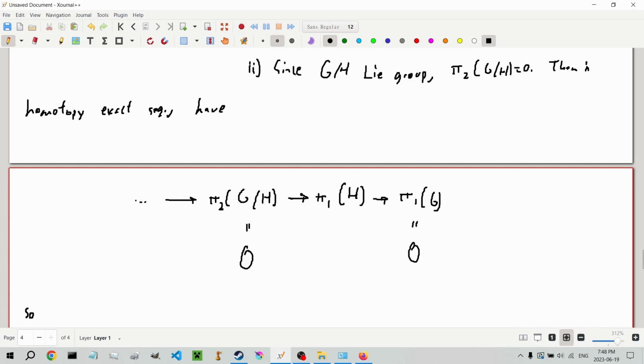So from that, pi 1 of H likewise has to be 0, since this is an exact sequence.